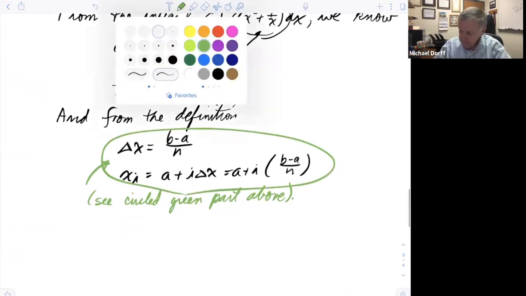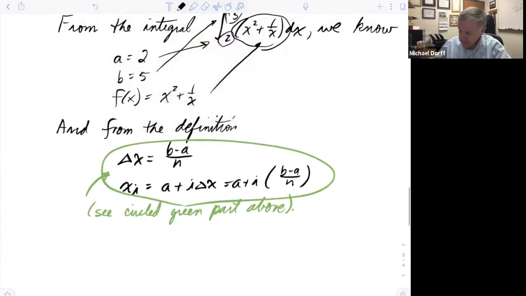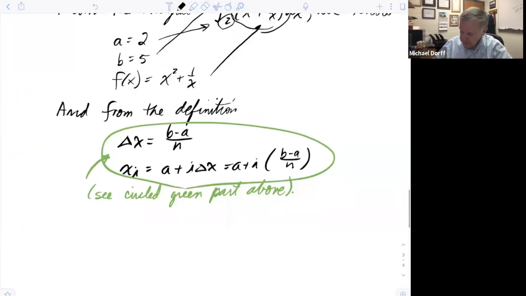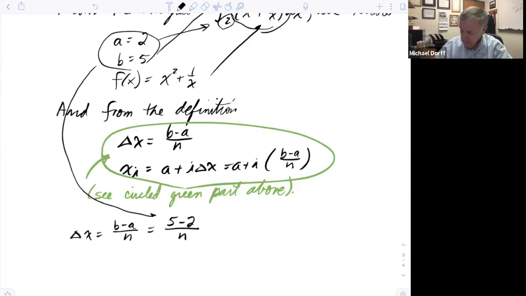So we need to work with these things. So what's delta x? That's going to be b minus a over n. We know that b is 5 and a is 2, like that. And those again come from up here. So I get 3 over n for delta x.